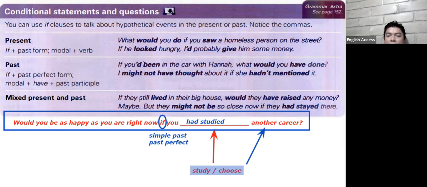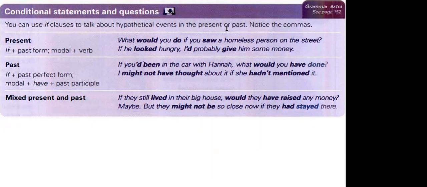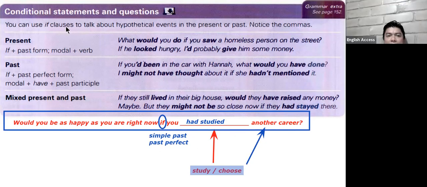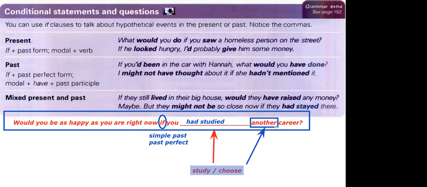Would you like another example? Yes, please. Teacher, it could be hadn't. If you hadn't studied another career. Yes, you're right, teacher.